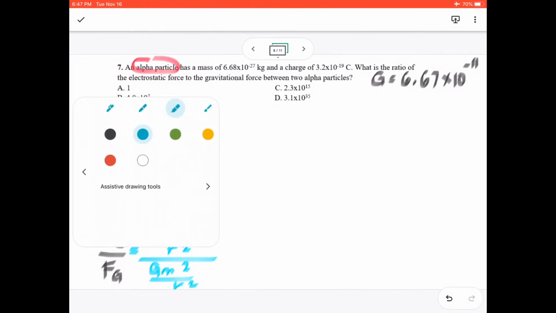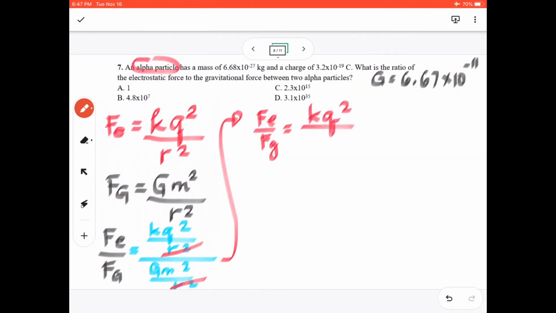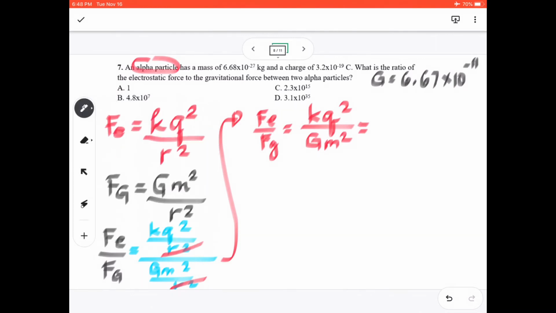We have the same denominators, therefore we can cancel r squared for both, and we are just left with Fe over Fg equal to kq squared over Gm squared. Now we're going to substitute numbers. Let's use the smaller pen. The k, we already know the value, which is 9.0 times 10 raised to 9. What is q?